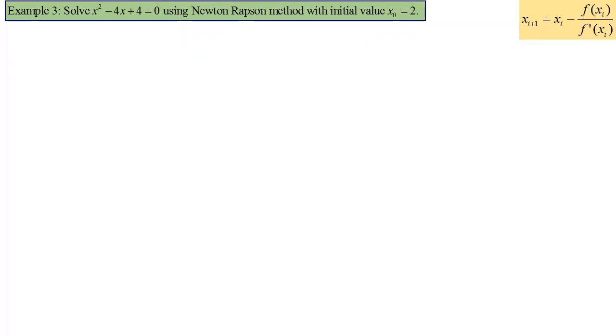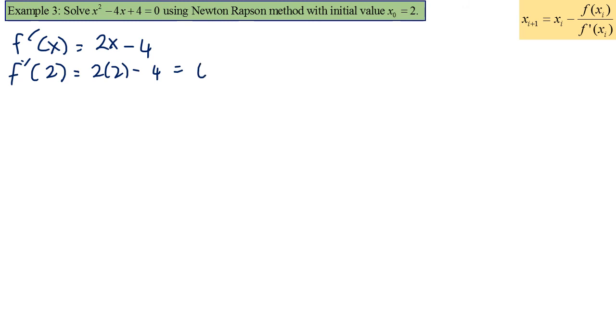In this example, solve x squared minus 4x plus 4 using Newton-Raphson with initial value x0 equal to 2. So I differentiate f(x), I got 2x minus 4. And then I substitute the initial value 2, and suddenly I got 0.